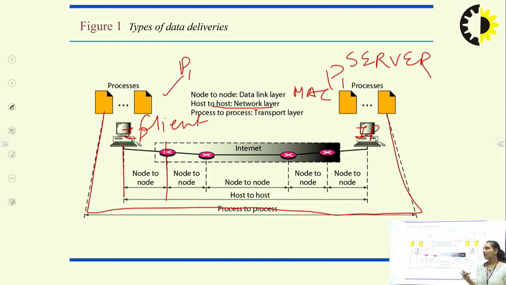At node-to-node delivery, the data comes from the source, and only three layers are involved: the physical layer, the data link layer, and the network layer. We will see the message up to the network layer.